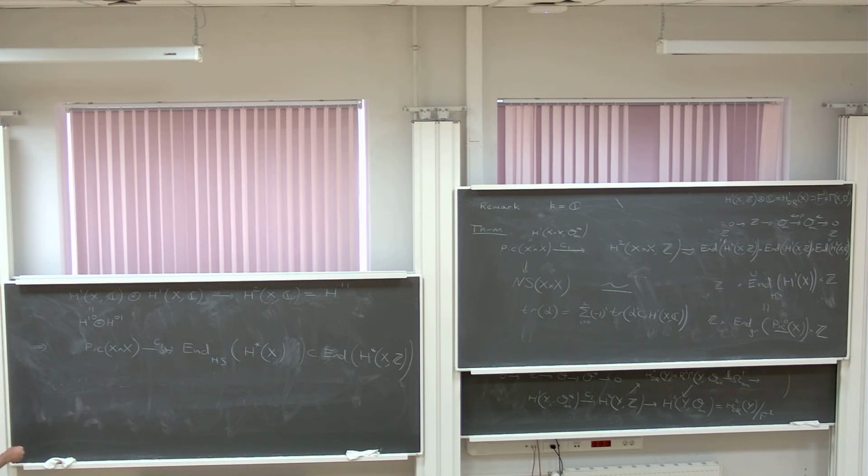Now, what else do I have to show? I have to show that this Chern class map factors through the Néron-Severi group.